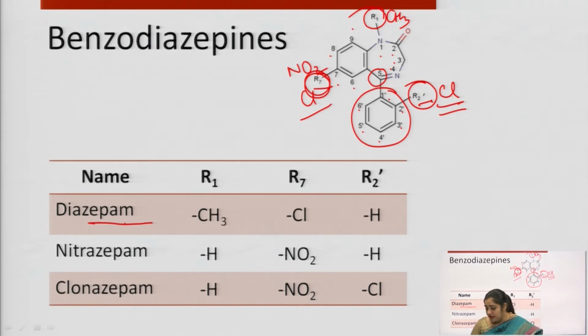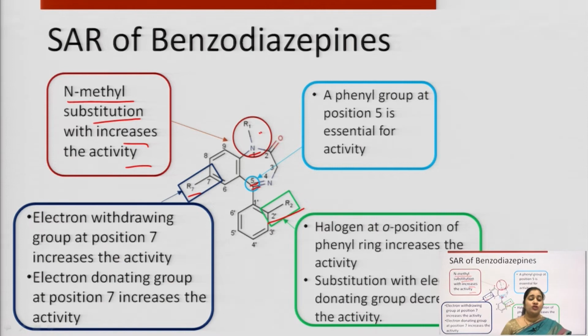So we have found that when the nitrogen at position number 1 is substituted, it has led to more potent, active anticonvulsant agents.